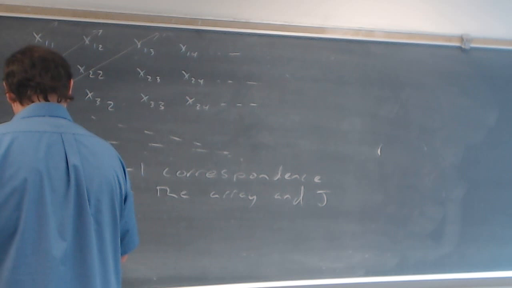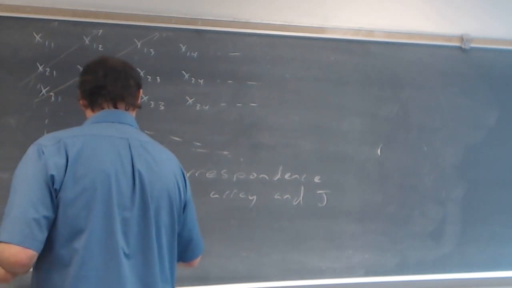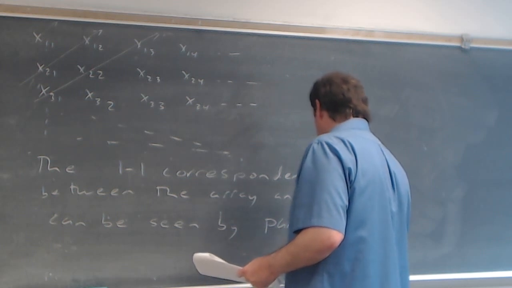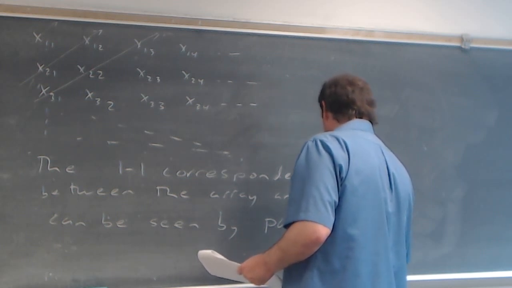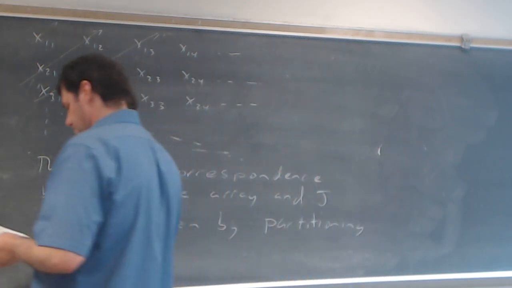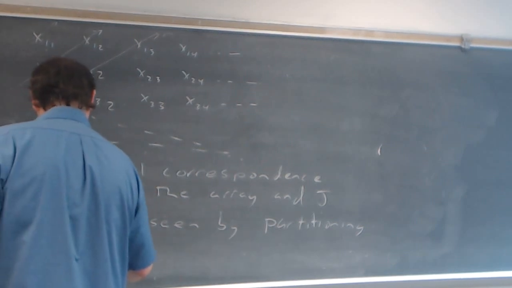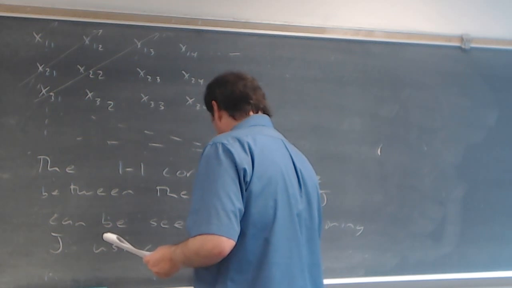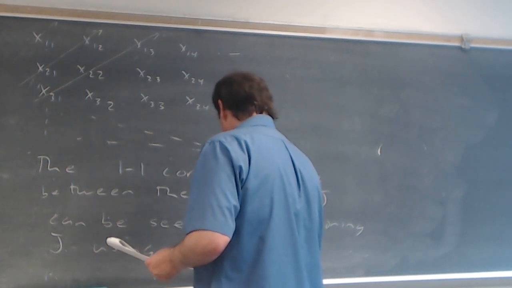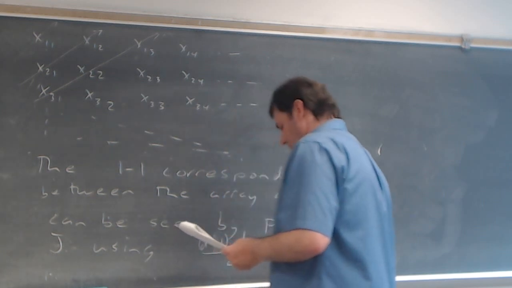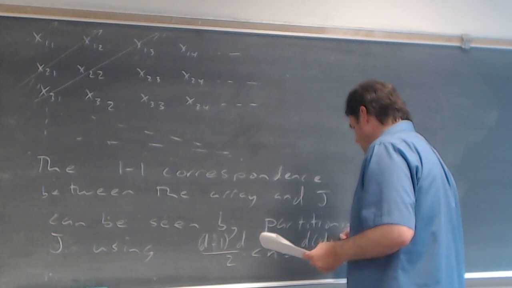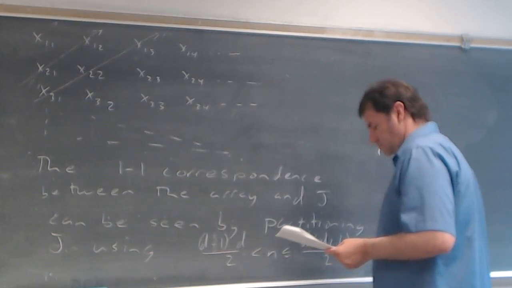by partitioning J using, so here's what we have. We have D minus 1 times D all over 2 is less than N is less than or equal to D times D plus 1 over 2.